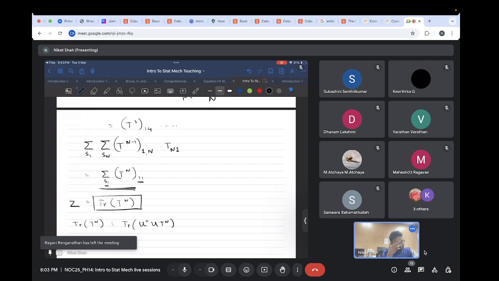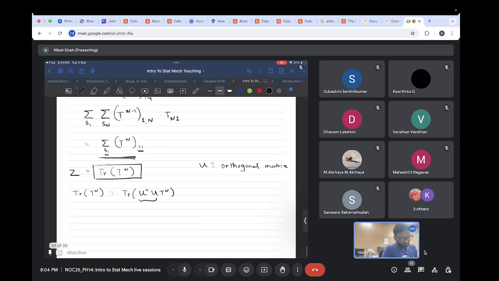Actually, it works either way. That's fine. Because I am saying that u is some orthogonal matrix, so u dagger u is basically identity. So I can insert any u dagger u here.